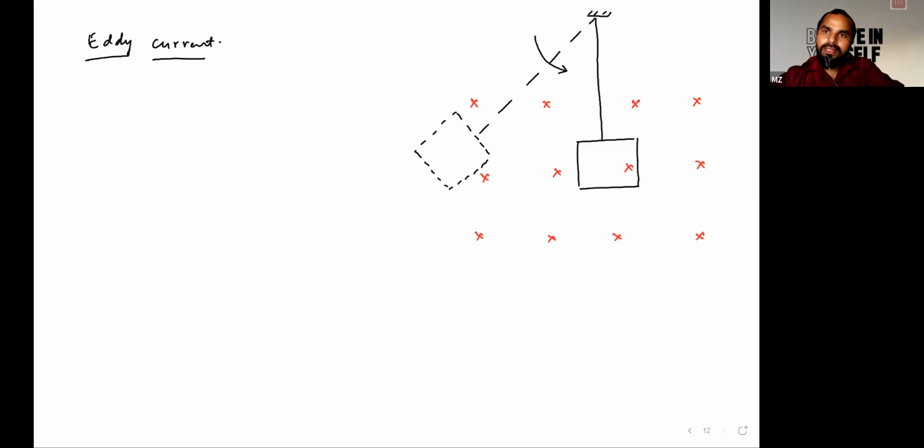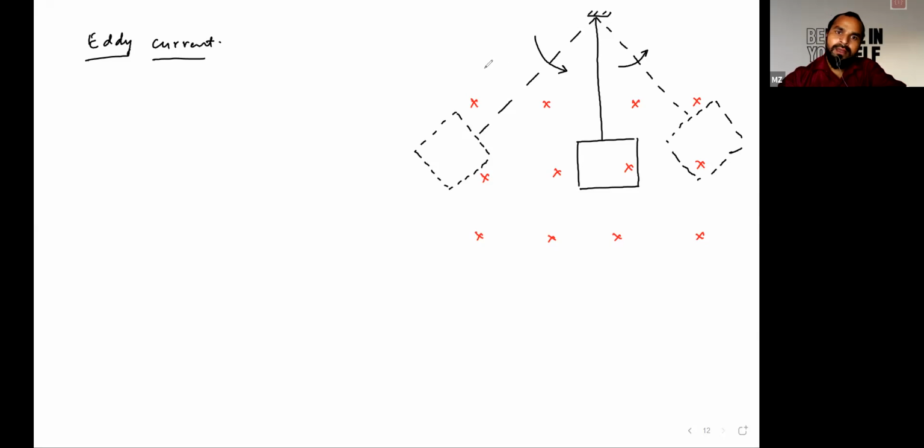Similarly, on leaving this particular region, magnetic flux would start decreasing. So according to Lenz's law, when magnetic flux linked with a coil or metallic plate is changing, then due to that change an EMF will be induced in it.